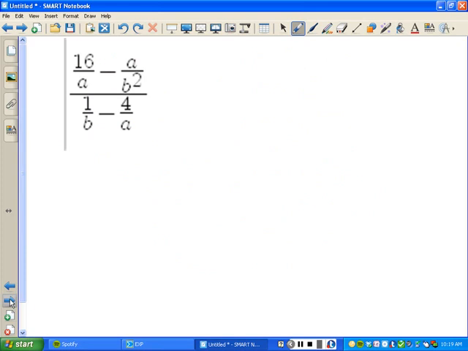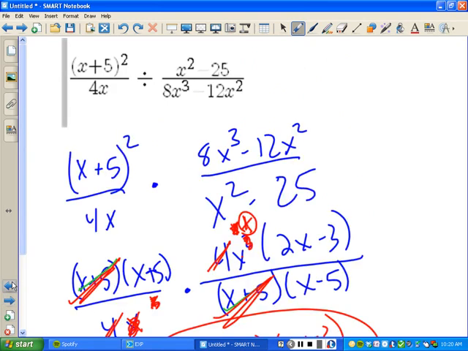Now, this is where we left off, meaning you and the sub did yesterday. Let me pause.